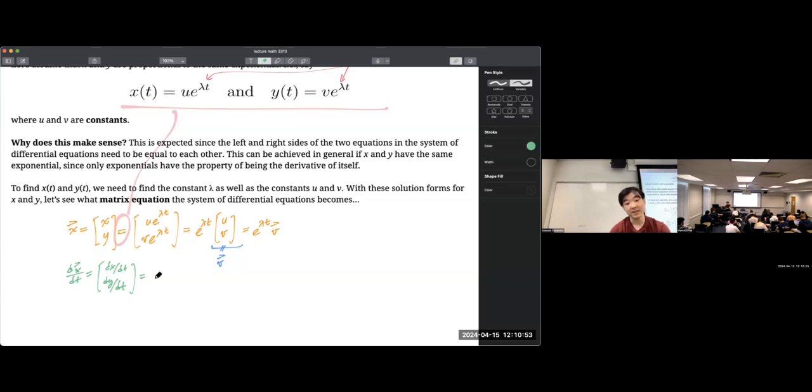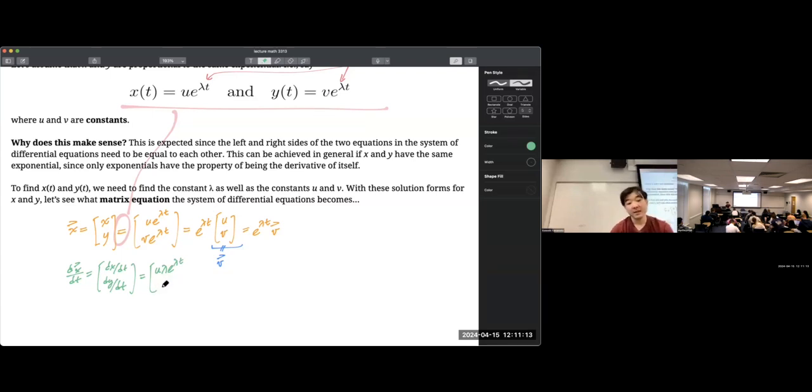So then you're just going to say, what is dx over dt? It's like taking this derivative with respect to t. Lambda and u are all constants, so it's going to be u, and the lambda pops out because of the chain rule, e to the lambda t.